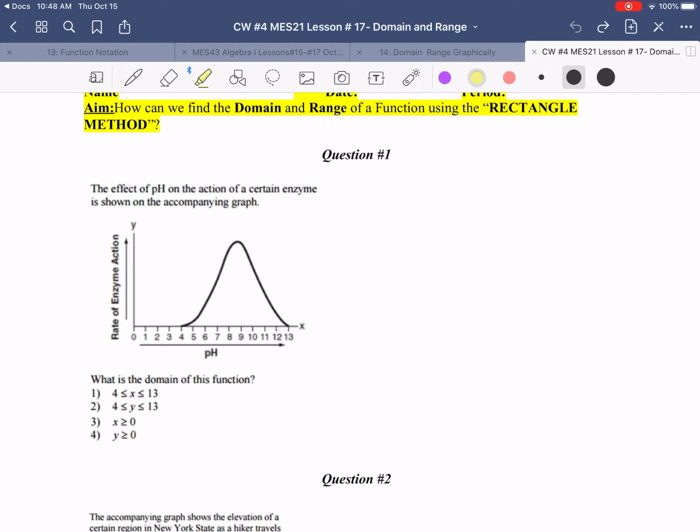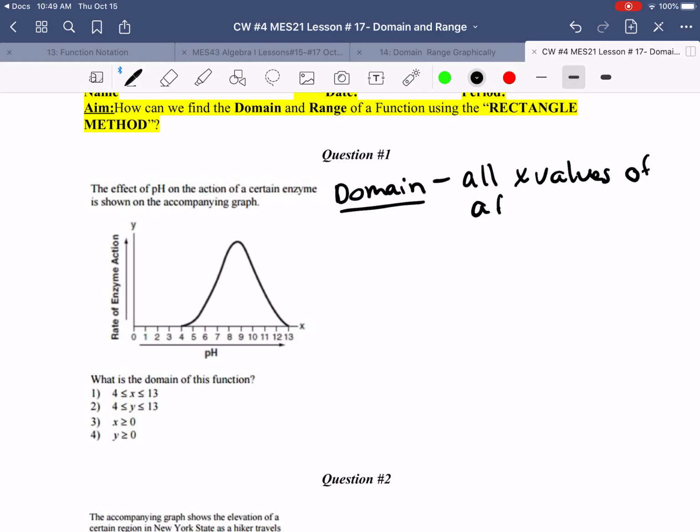So we talked about domain and range a little yesterday, so we're going to work on it more because it's a complicated topic. We want to make sure you're really getting it. So we said domain is all x values of a function. You should have that definition from yesterday. If not, write it down somewhere.